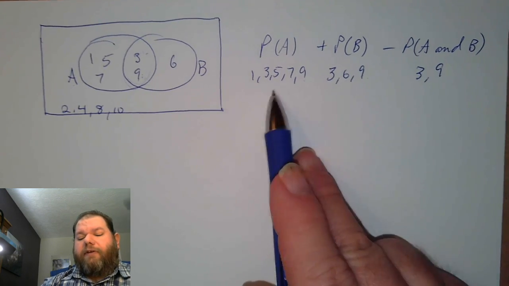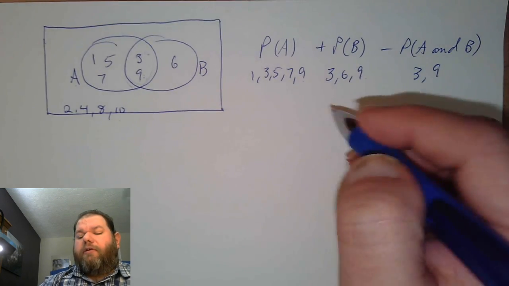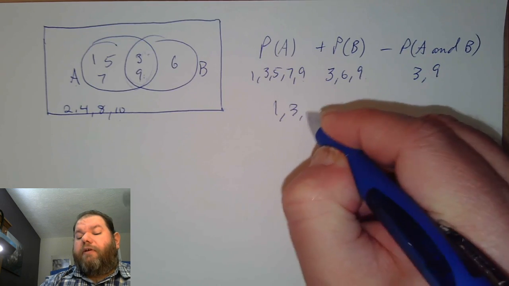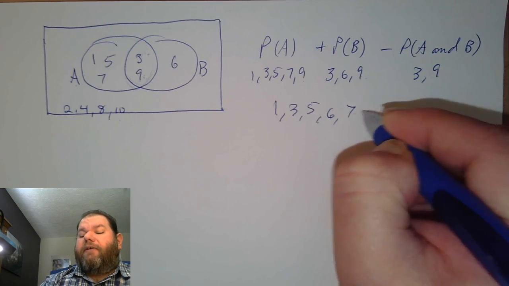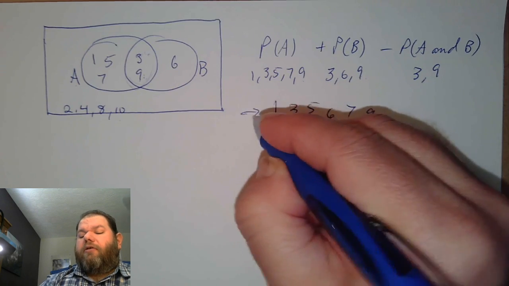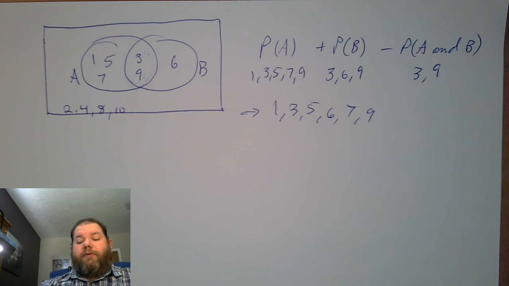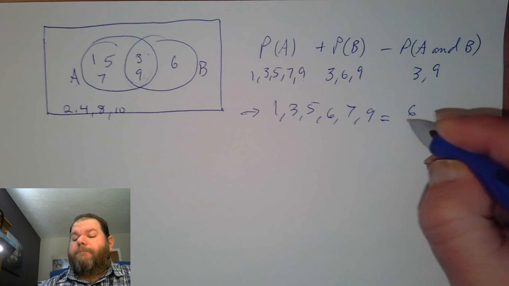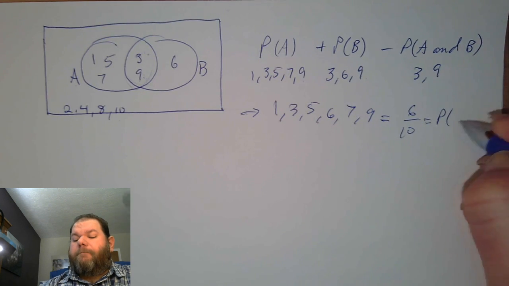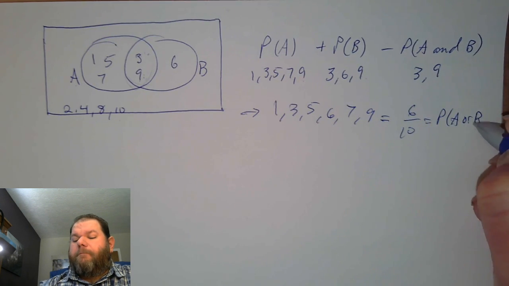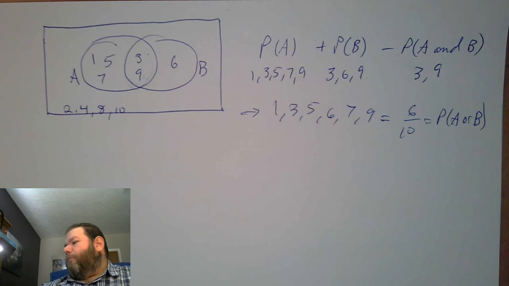And we just add that 6 to these first 5. So 1, 3, 5, 6, 7, 9 are the resulting numbers that we end up using for A or B. I don't know if that's any more helpful, but that is what's happening here with our addition rule.